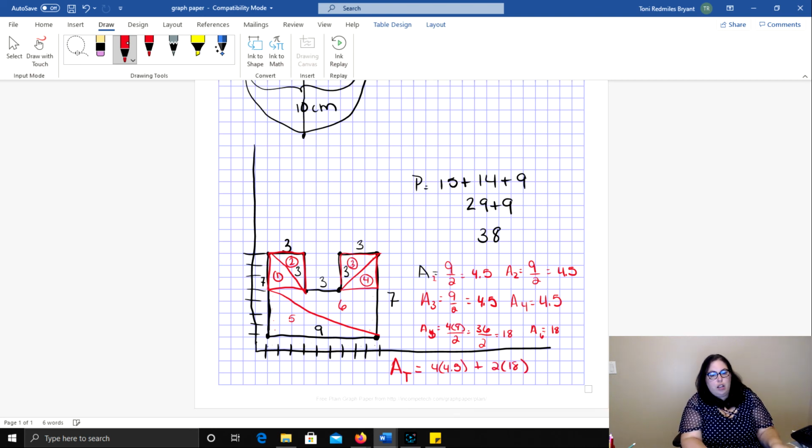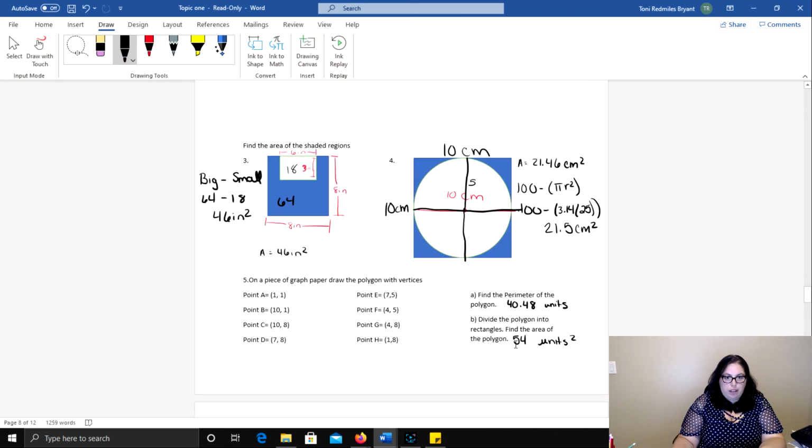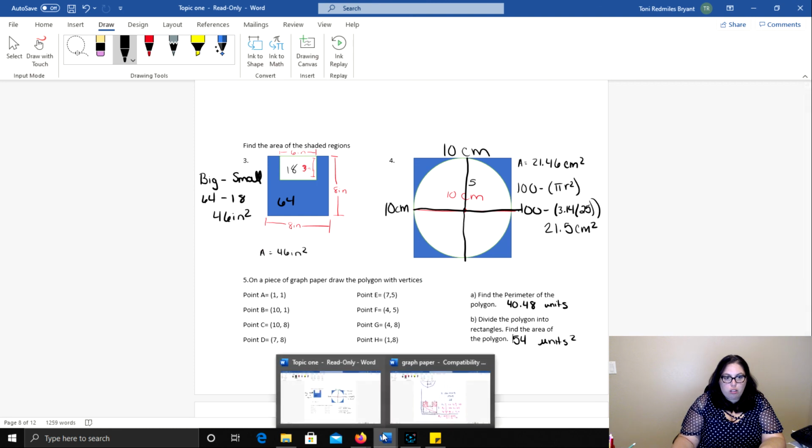All right, and 4 times 4.5 is going to be 18. Isn't that clever? And 2 times 18 is going to be 36. Add the 18. It's going to be 54. So let's see, in the other shape I was able to make out of my polygon, what did I get? I got 54, okay?